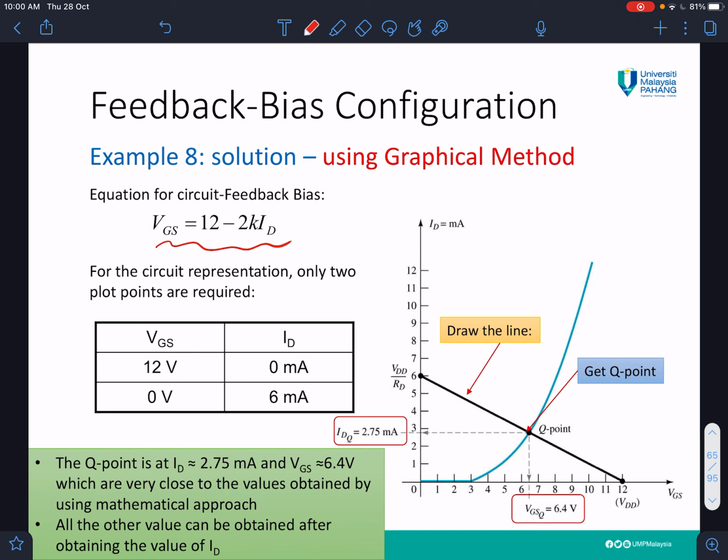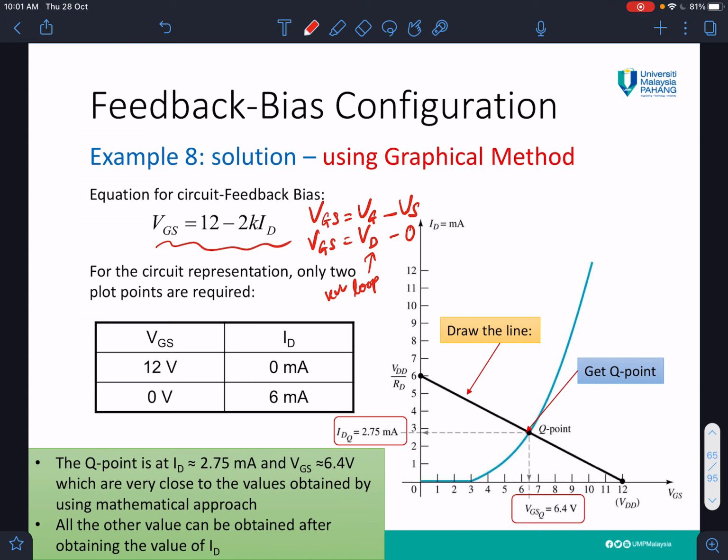In the mathematical method, we find VGS, so VG minus VS. VG equals VD, and VS equals 0. So what is VD? You find VD from the KVL loop of the circuit.